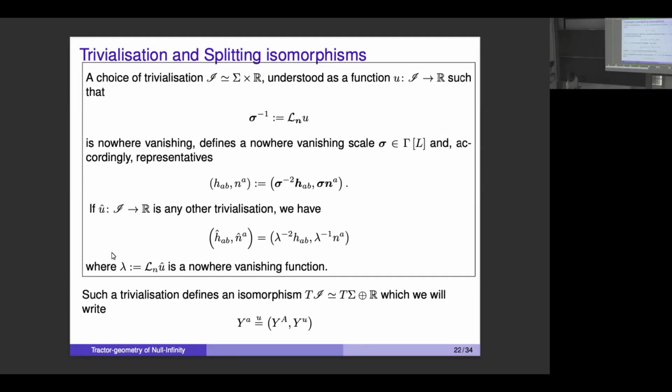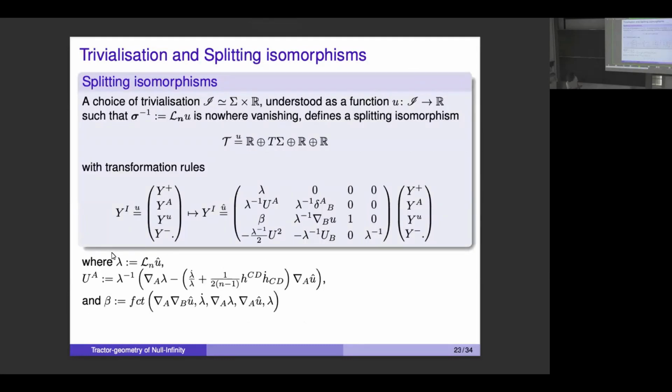With all of this, you now have a notion of a splitting for null tractors, which goes as follows. You choose one of these u, which is a trivialization of your null infinity, and this gives you a splitting isomorphism for your tractors, of the following form. Here I'm also using the scale to trivialize the weight bundle.